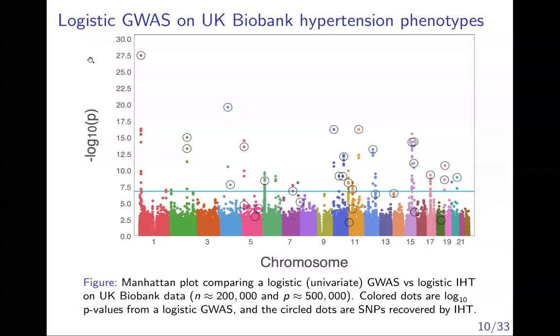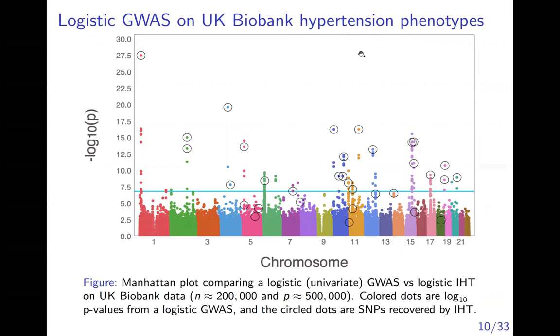But anyways, the UK Biobank data here contains 200,000 samples and 500,000 SNPs. The phenotype is blood pressure, okay? So you can measure the blood pressure and you can dichotomize it so that you can categorize people whether they have hypertension or not.